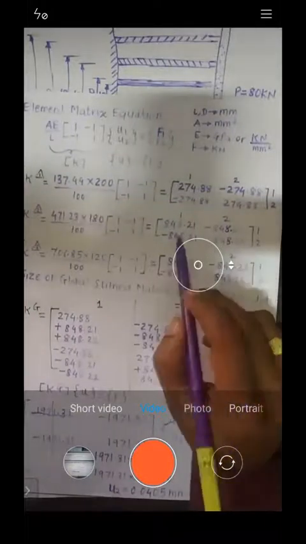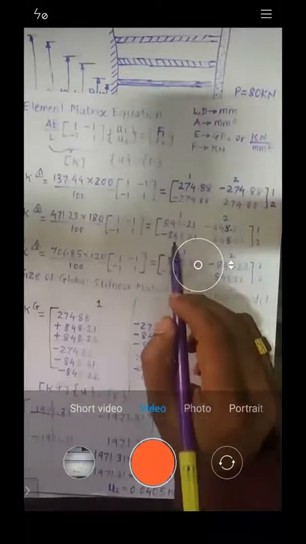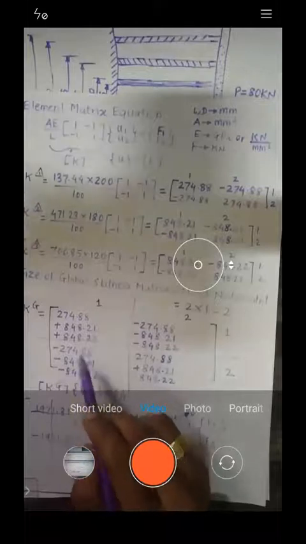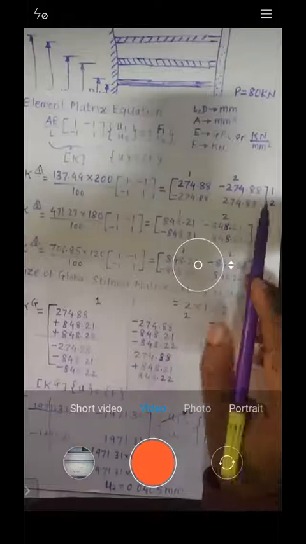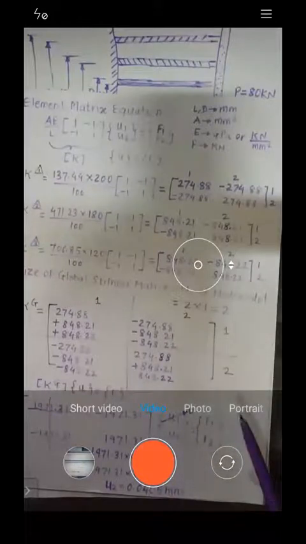Next, at 2 1 you put minus 274.88. Again, at 2 2 it is 274.88. Understood?